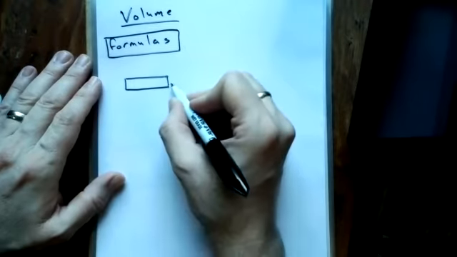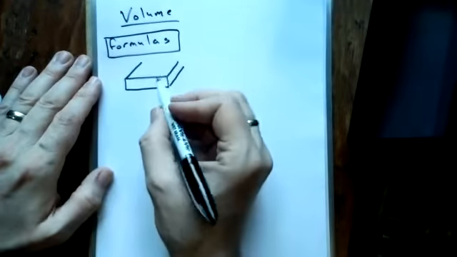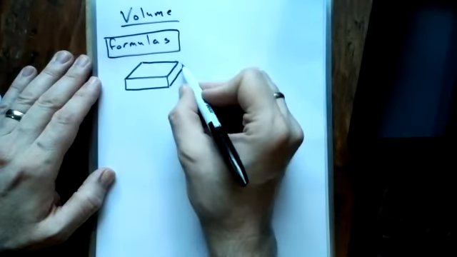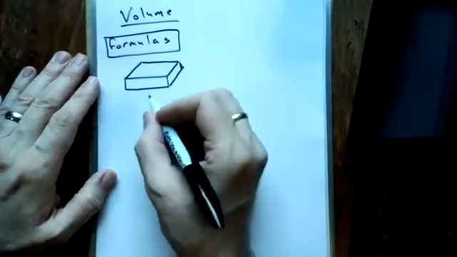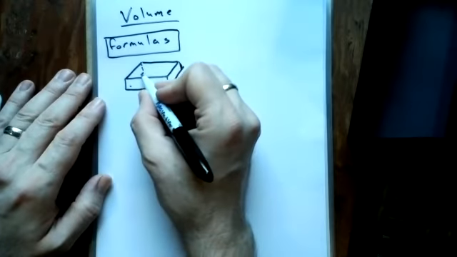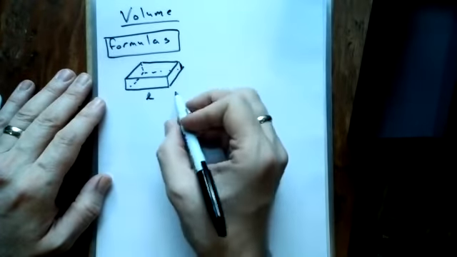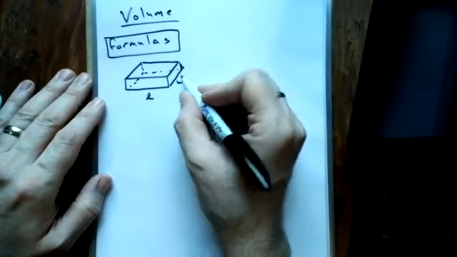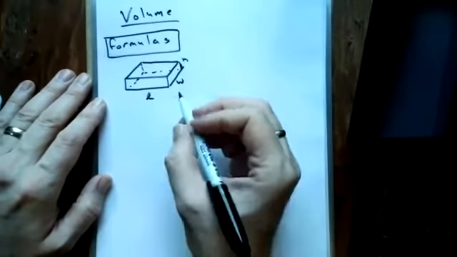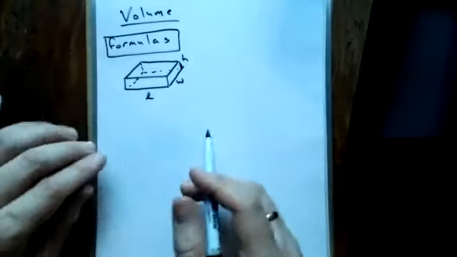So if we've got an object that just looks like a box, I will have a length, a width, and a height. And you're going to hear me say this a couple times.